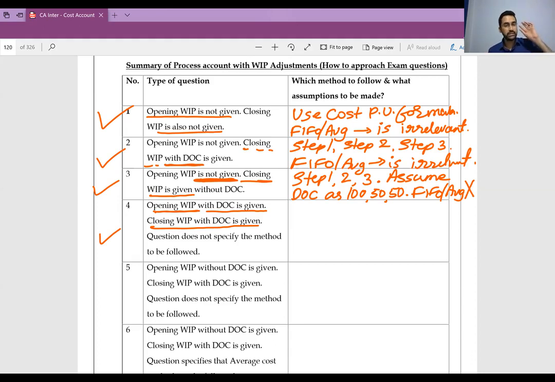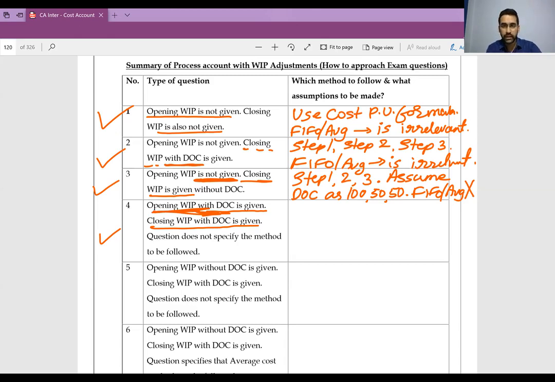I know your laziness is telling you something else, but when opening WIP with the DOC is given in the question, it is always preferred to go by FIFO method. Remember, even in accounting standard 2, they say FIFO or other method. That means first try FIFO. Not happening, then try the other one. Here FIFO is possible because you have opening WIP with the DOC.